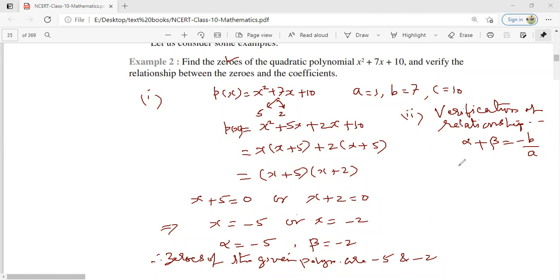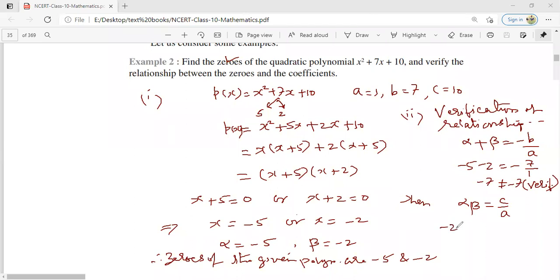What is the value of alpha? Alpha is minus 5 and beta is minus 2. So minus 5 plus minus 2 is equal to minus b upon a, where b is 7 and a is 1. Minus 5 minus 2 is minus 7, which is equal to minus 7. Hence the first relation is verified. Then the second relation: alpha into beta is equal to c upon a.